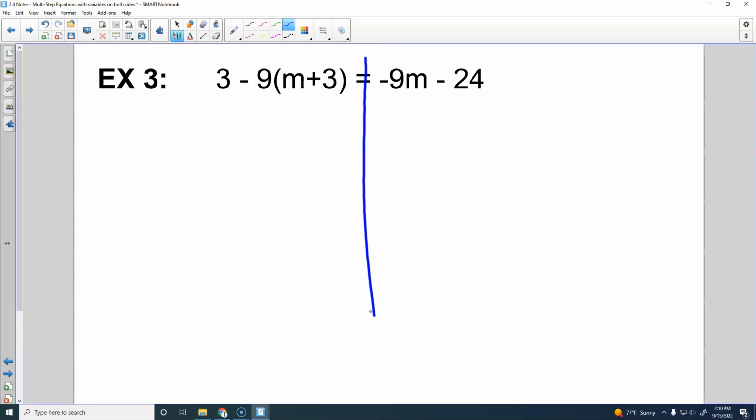All right, on this one, I'm going to work out the problem. I might make a mistake on purpose. If you see me make a mistake, I need you to alert me that a mistake has been made as I do this.